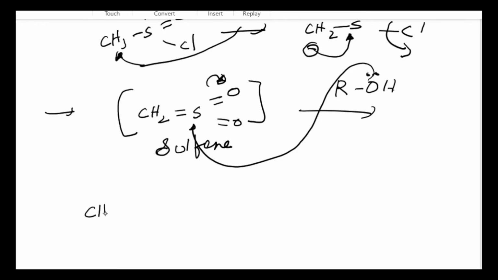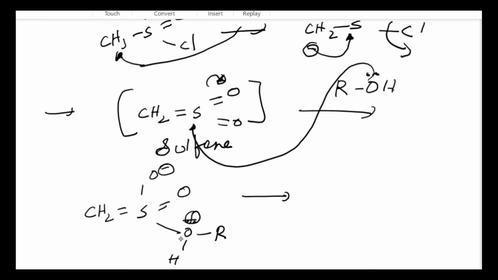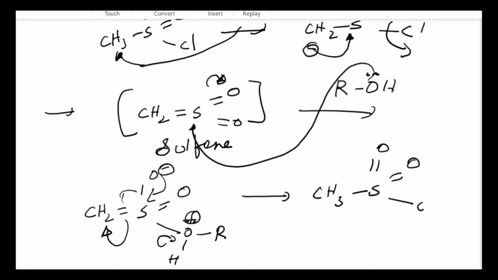So CH2=S with O minus and the O positive charge H with R, giving CH3S(=O) with OR.